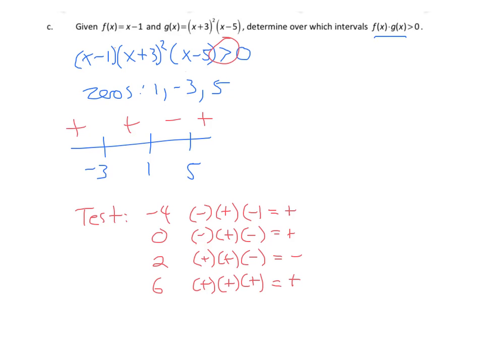So I have to say parenthesis negative infinity to negative 3, and then a parenthesis because I don't have the or equals line under my inequality, and at negative 3 it equals 0. So then I do a union negative 3 to 1, parenthesis, and then union my last region 5 to infinity.